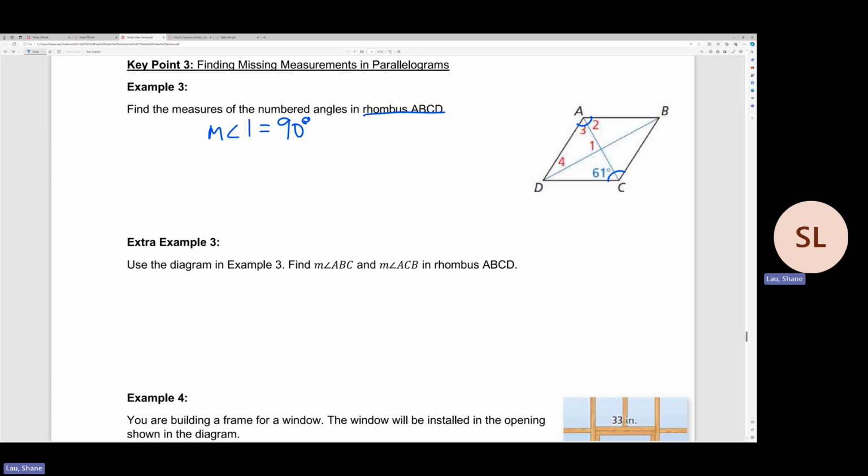But because we have the diagonals, we are bisecting our angles. So if ACD is 61 degrees, then it stands to reason that angle 3 is also 61 degrees. Which of course means that angle 2 must also be 61 degrees, because remember, the bisector AC is bisecting angle A.